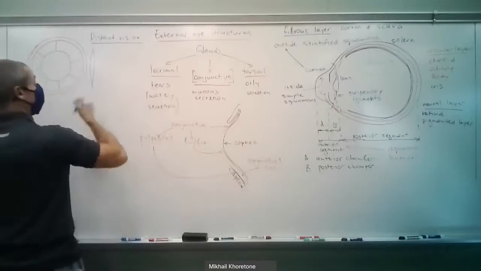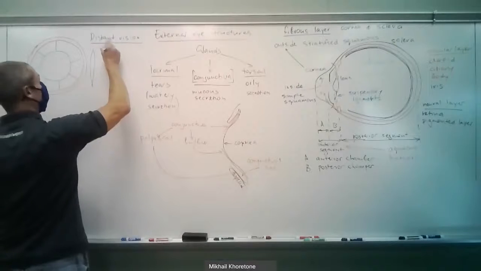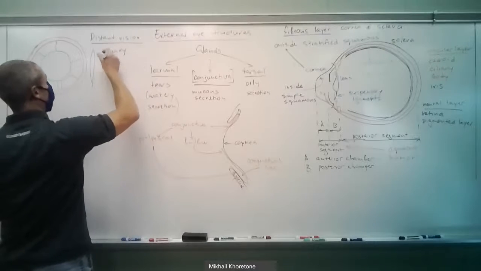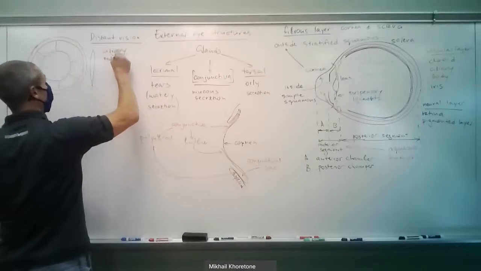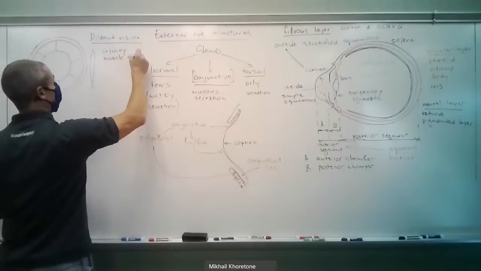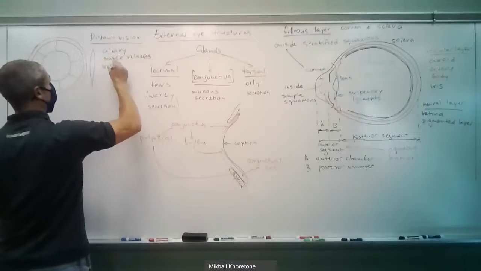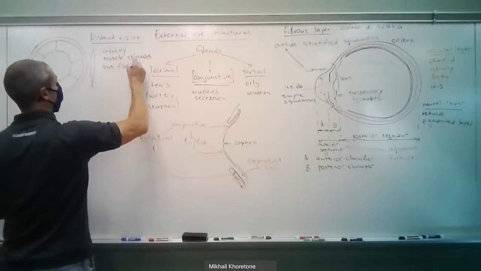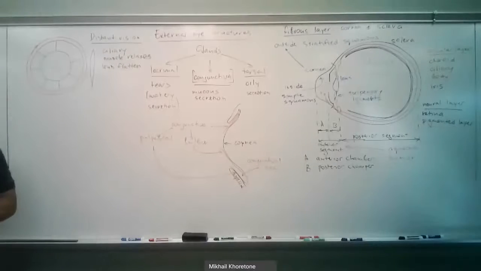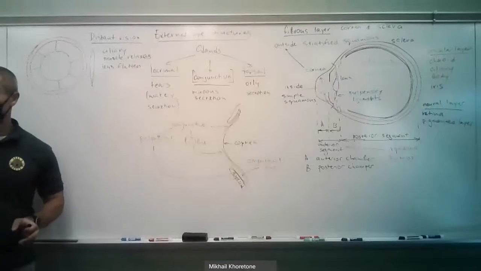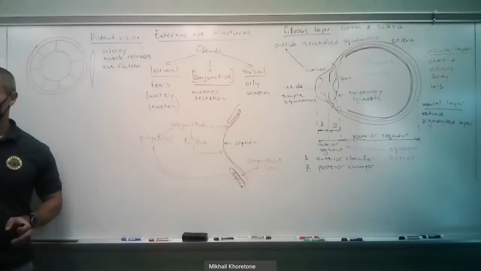So what we can say is that when the ciliary muscle relaxes, the lens flattens. That makes sense. That's how you look at something distant.